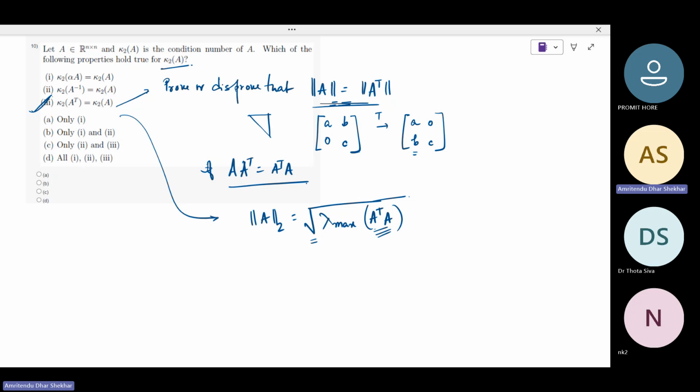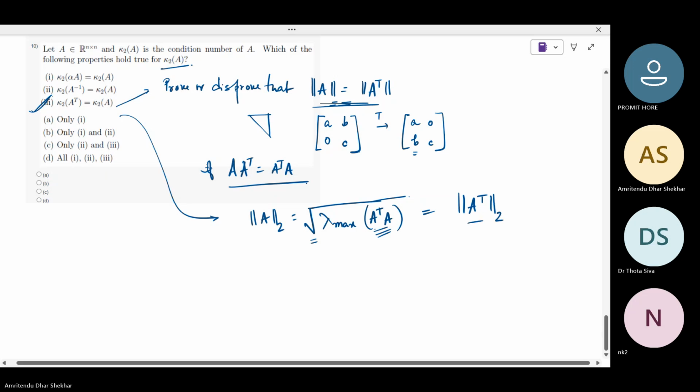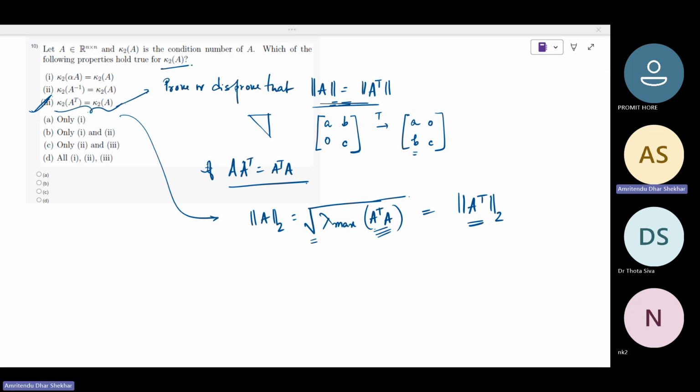So this is obviously true. So the third statement is actually correct, not false. Hope it's clear.